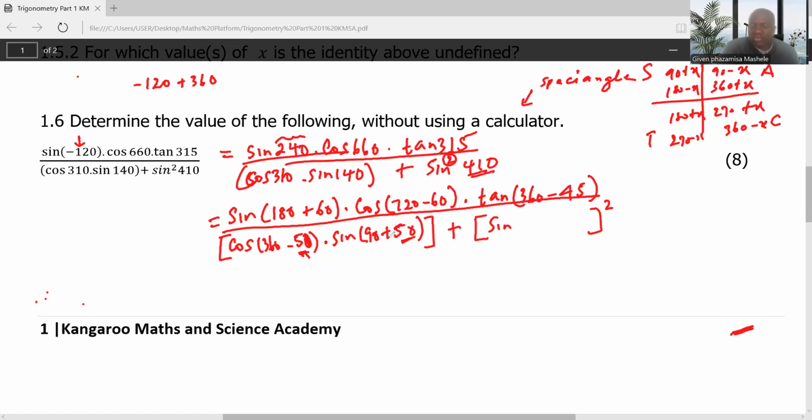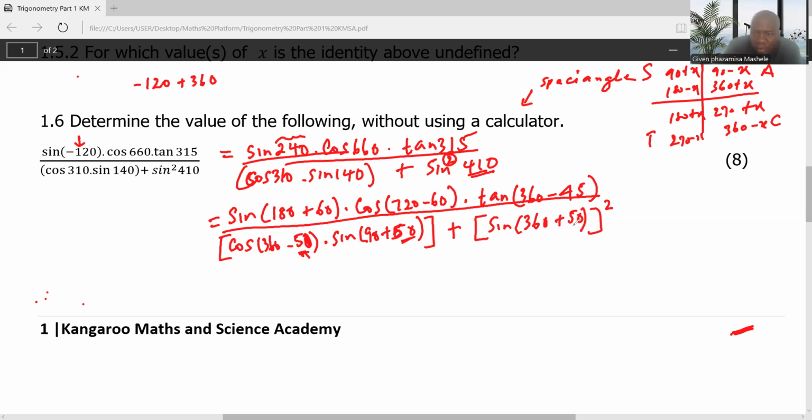Because I've already used 50 on the other side. 410, how can I have 50 when I have 410? Let me check something. Yes, it's 410. 410 is the same as 360 plus 50, because I want to have 50 inside.